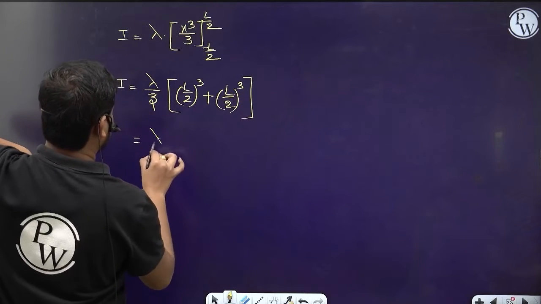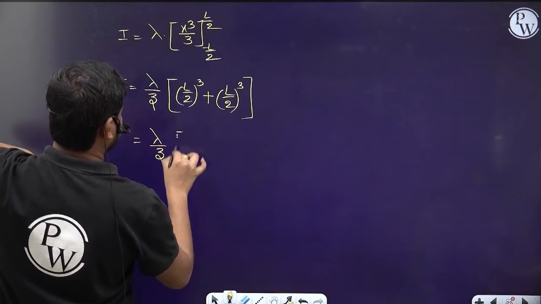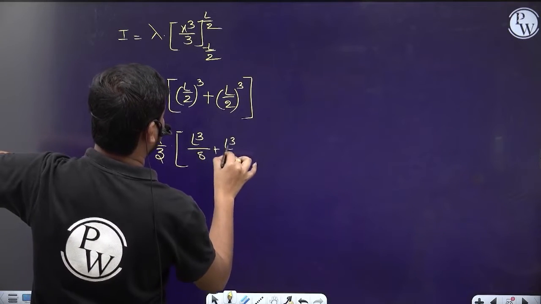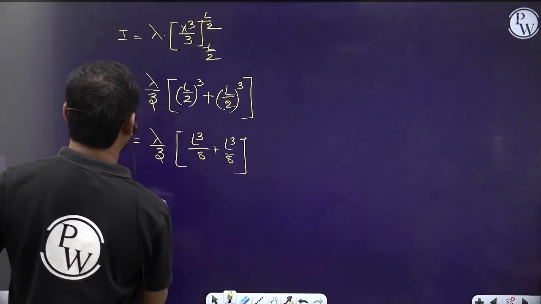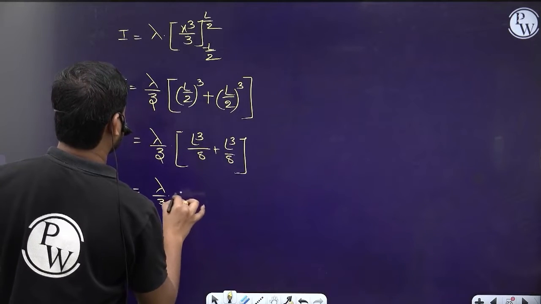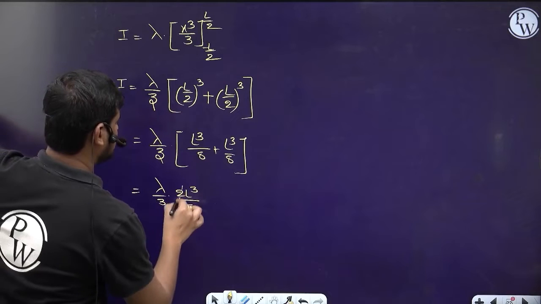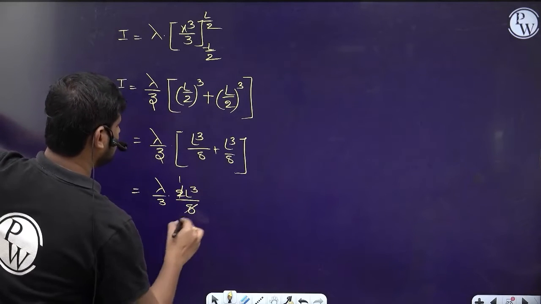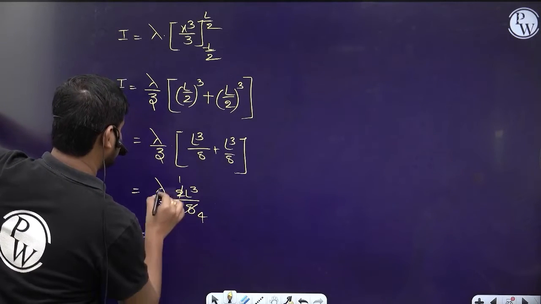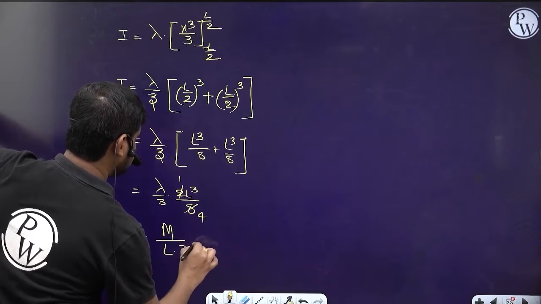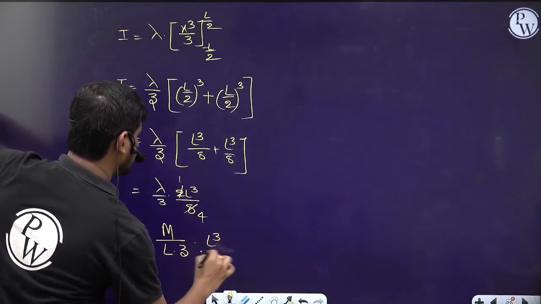So here it is lambda by 3 into L cube by 8 plus L cube by 8, which is nothing but lambda by 3 into 2L cube by 8. Two 4s are 8, so L cube by 4. In place of lambda I am writing m by L, so into 3, and L cube by 4.